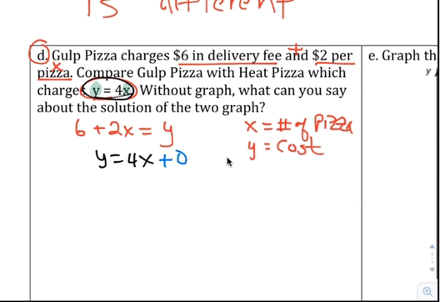So without graphing, what can you say about the solution of the two graphs? Got the word graphing. What can you say about the solution of the two graphs? Well, let's look at the rate of change. That's the most important, looking at the rate of change. The rate of change are different, so you're going to have one solution.